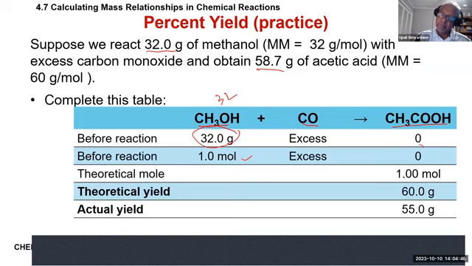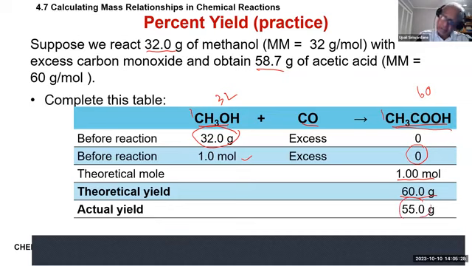At the beginning, before the reaction, you don't have any acetic acid. Theoretically, this is the limiting reactant. You get 1 to 1. You get 1 mole of acetic acid. Formula mass of acetic acid is 60. You can add up all the hydrogen, carbon, oxygen. You get 60. That's 60 grams. 1 times 60 is 60.